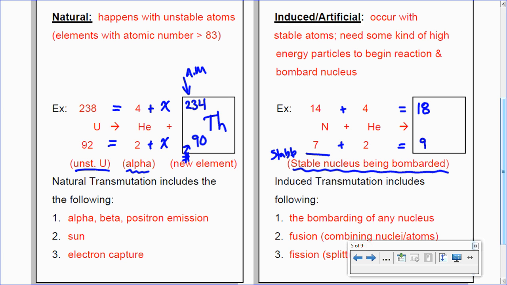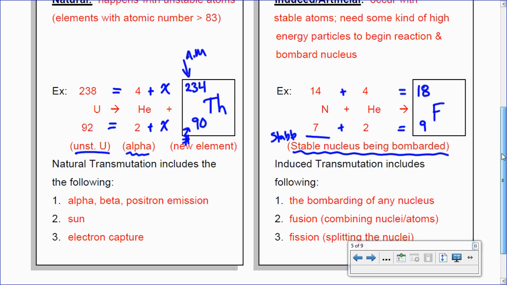So atomic number 9 with a mass of 18, atomic number 9 is F for fluorine. Now, atomic number 9, fluorine, has 18.99, so this is a radioactive or unstable version of fluorine because the periodic table says the stable mass is 19 AMUs.